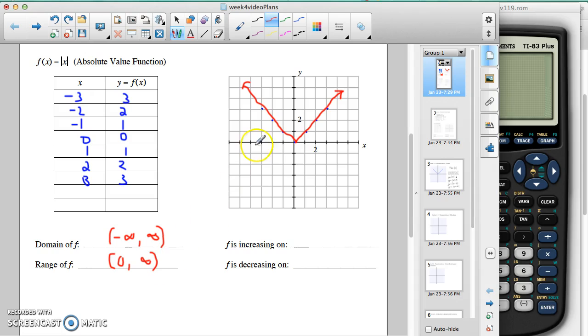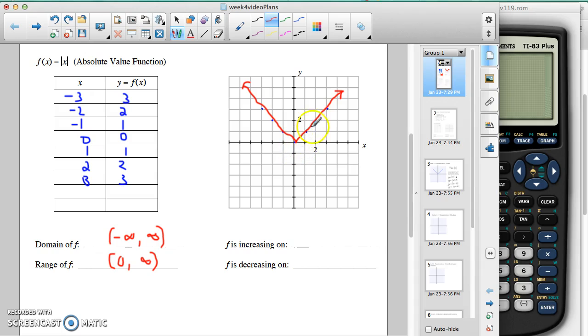Now if we're looking at this question, where is it increasing? We would say that it's increasing as we get bigger than 0 here. We're going up on the graph as we go to the right. As we travel along this graph, starting at the leftmost point, it drops down to this point, and then it goes back up.